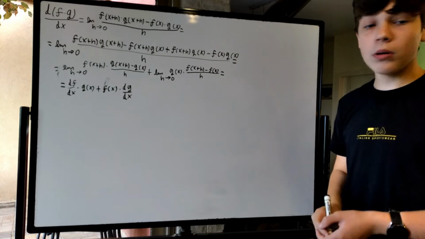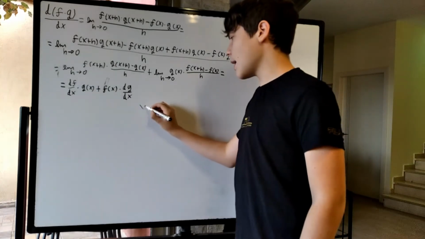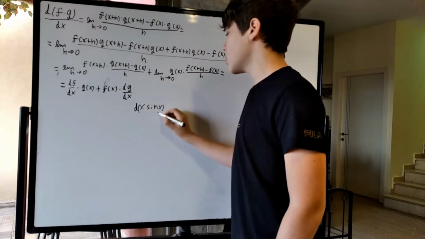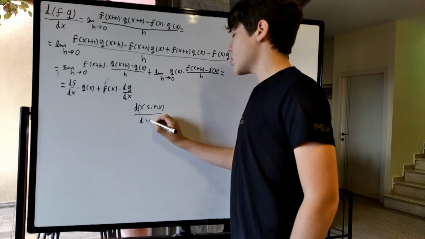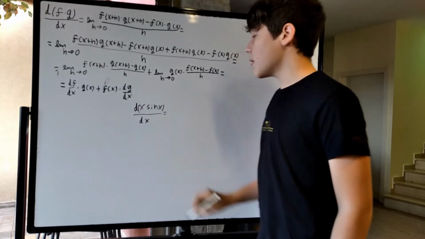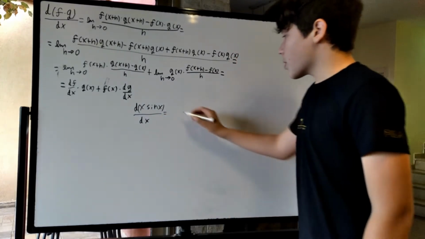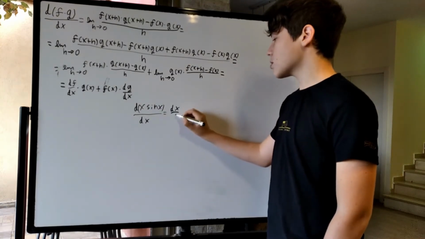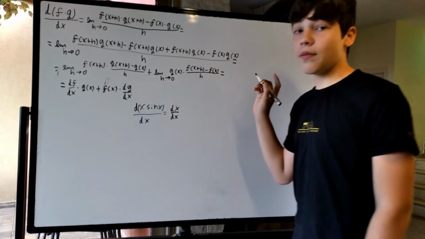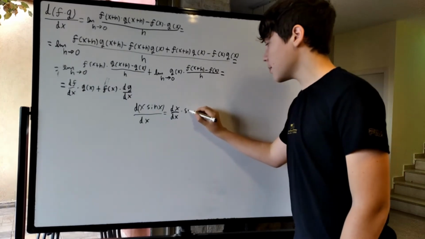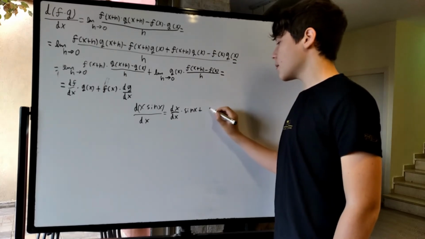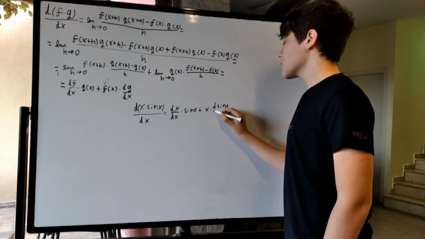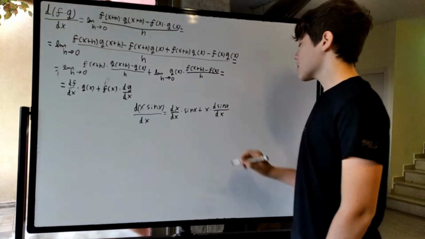Just as a quick example, let's do the derivative of x sine x. So what we're going to do is separate it by this rule. So I'll have dx over dx, so the derivative of x multiplied by sine x, plus x times d sine x over dx.